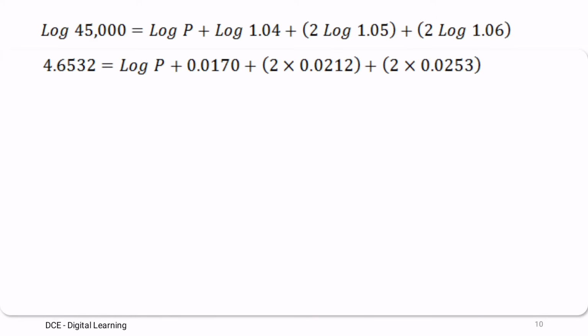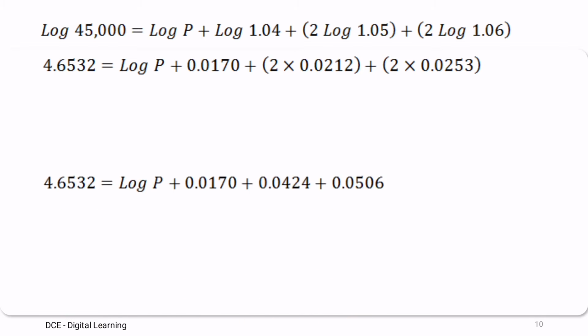Log of 45,000 is 4.6532, equals log P plus log of 1.04 is 0.0170, plus 2 into log of 1.05 is 2 into 0.0212, plus 2 into log of 1.06 is 2 into 0.0253.